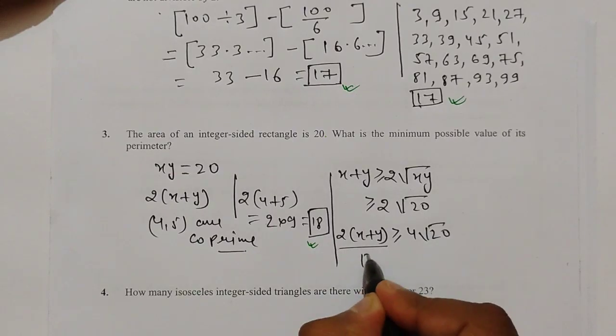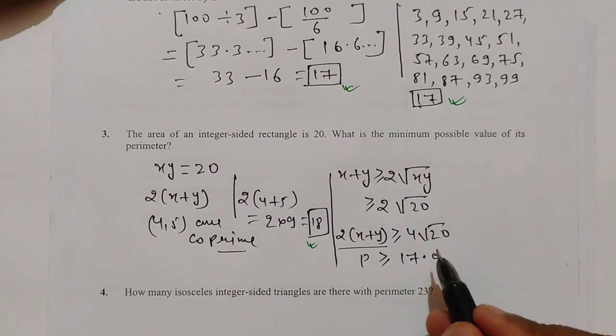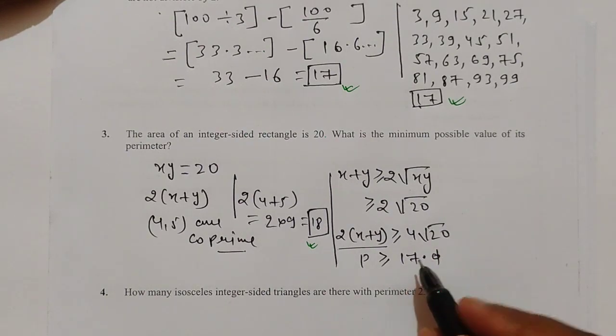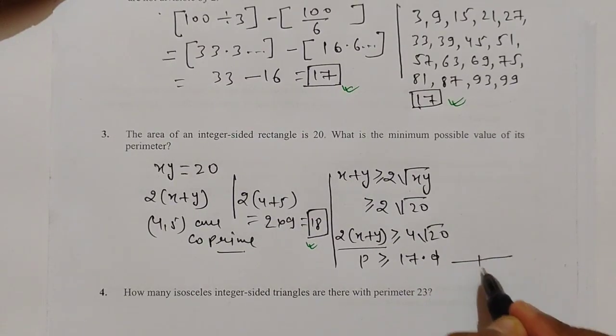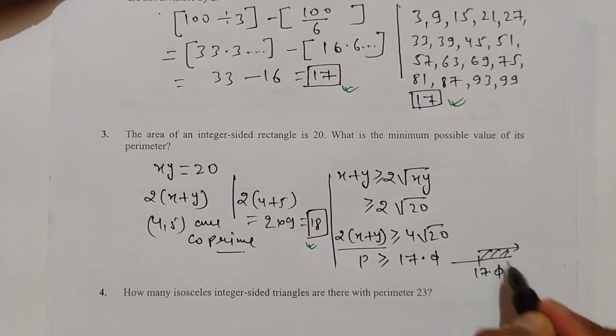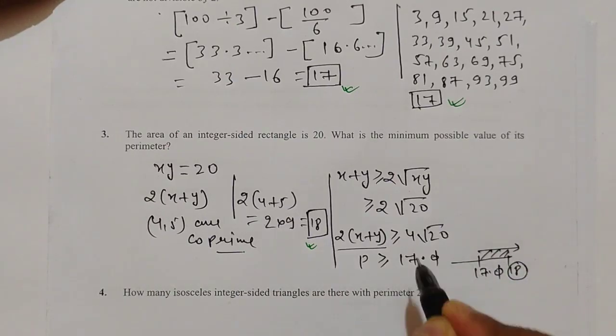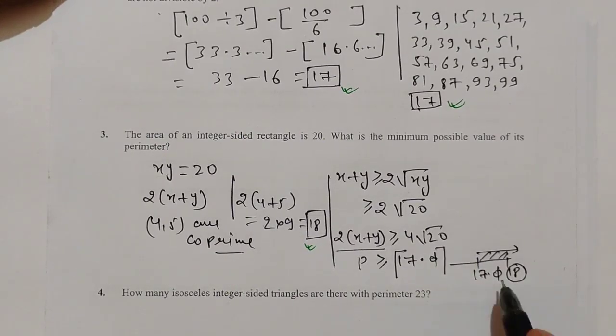So the perimeter must be greater than or equal to 17 point something, but we have to use a positive integer for our answer. So the first integer above 17 point something is 18, so we take the least integral value above 17.5, and that is 18. So the solution for the minimum perimeter will be 18.